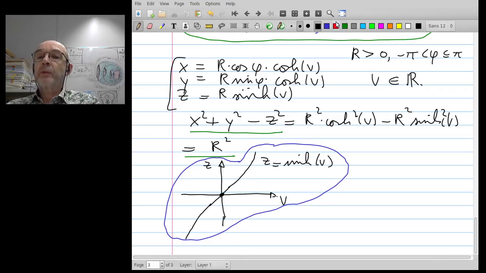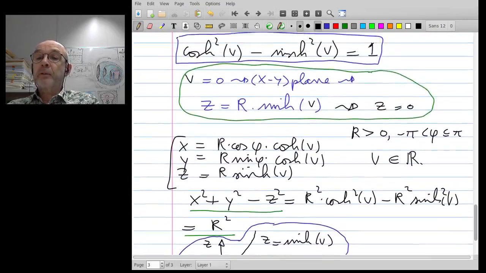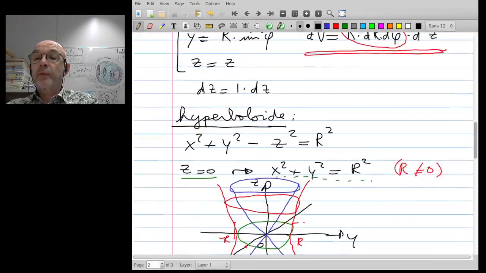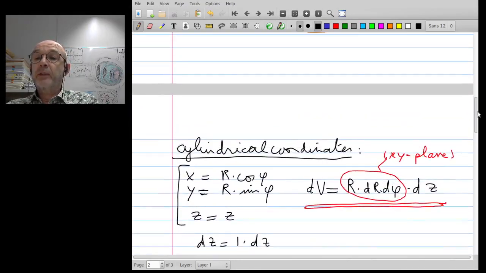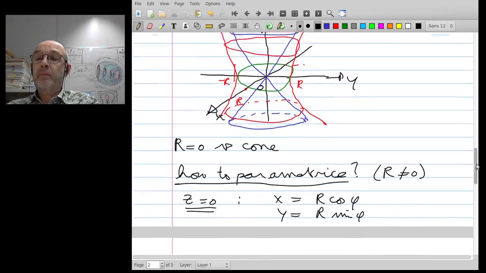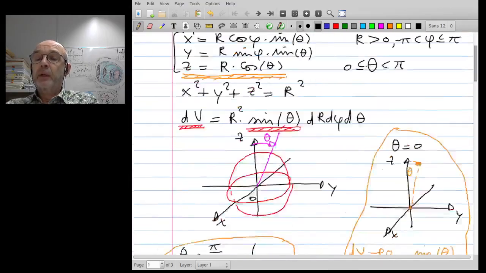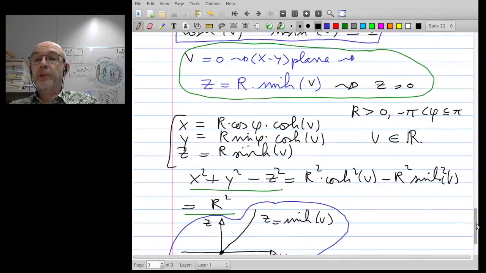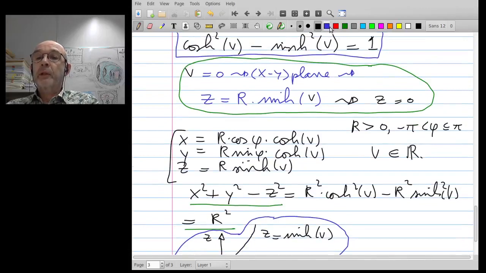So here you have the boundaries of your variables, like the spherical coordinates. We have some boundaries. You have here also some boundaries for your variables.